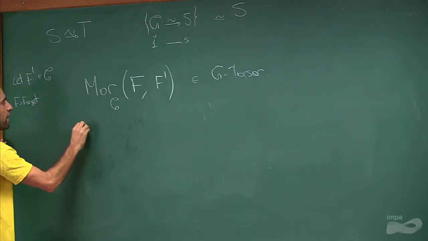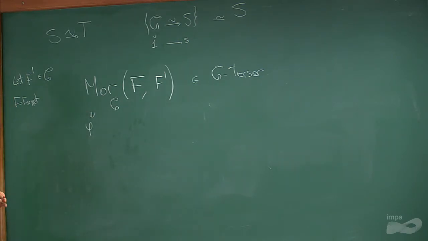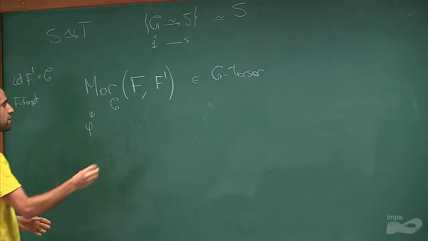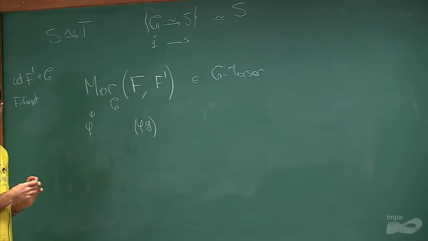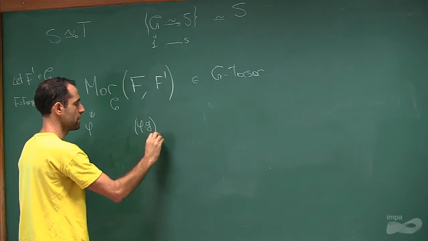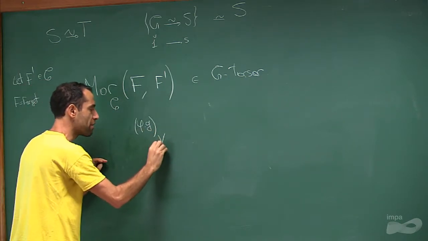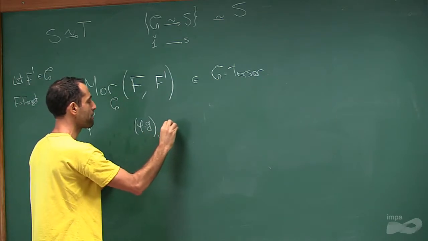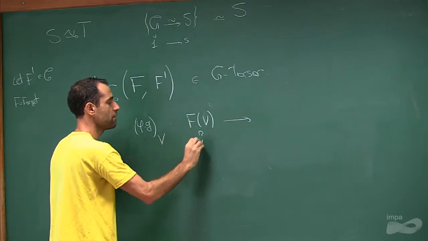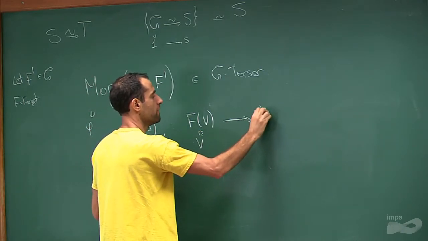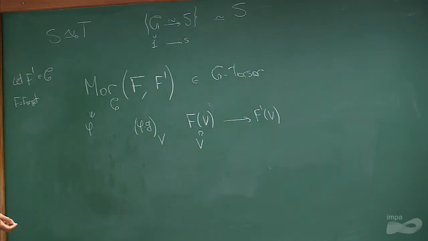Okay, so let's pick a phi here. And what I want to define is phi sub G, which should be an element here. So what is an element here? For any representation V, I need to give you a map from FV, which is just this vector space V, to F prime of V. FV is the forgetful functor, so it's just V. But this should be a natural transformation.